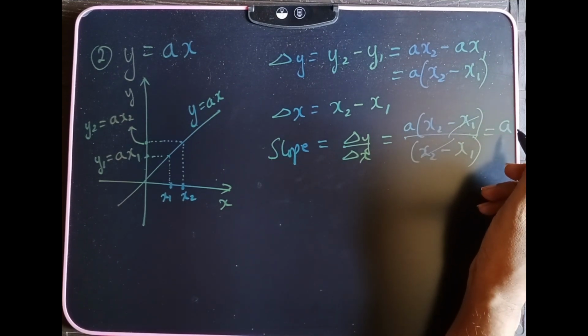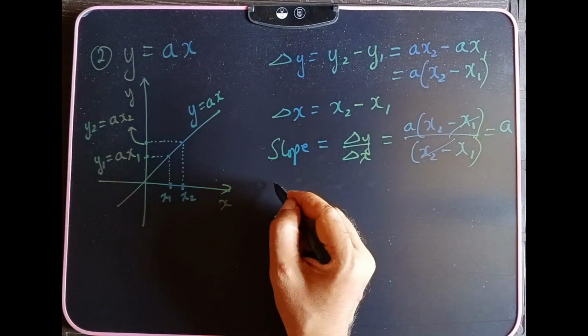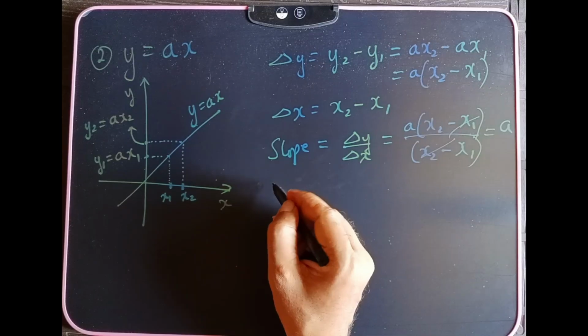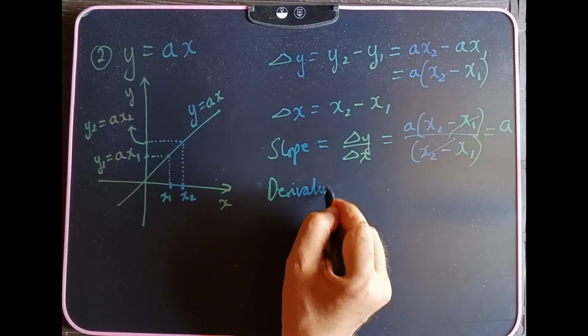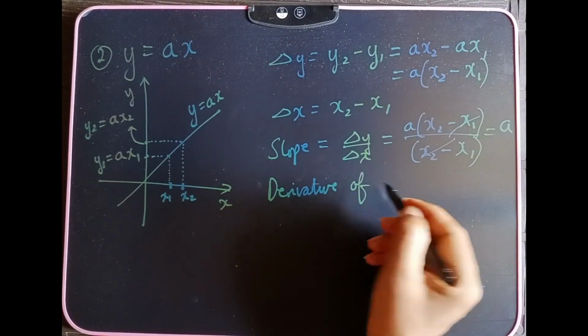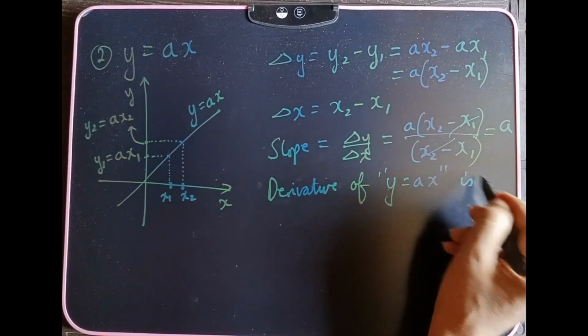So the slope of this graph is nothing but a constant. The derivative of y is equal to ax is a.